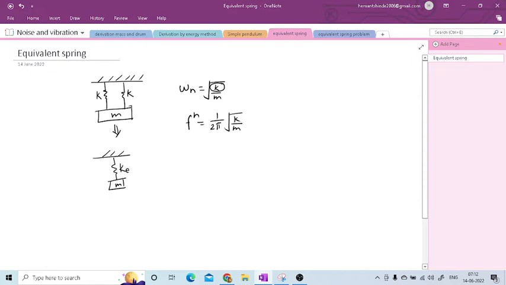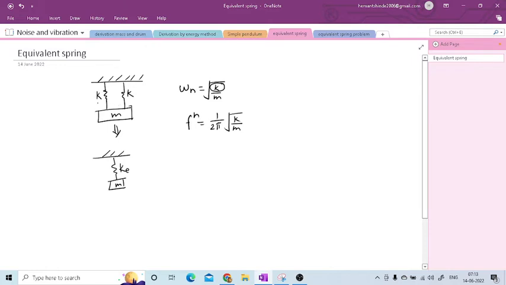When we convert the parallel combinations or series combinations of the springs into one spring, that spring is called the equivalent spring. Means the result of this system and the earlier system is same, so it is going to provide the same result. So this combination is called the equivalent spring.